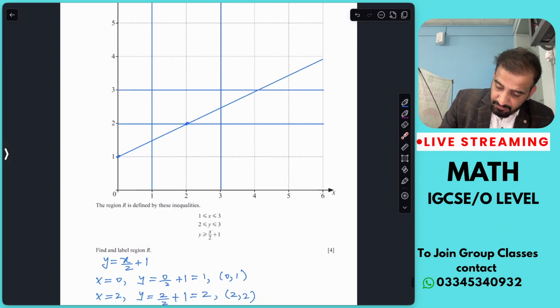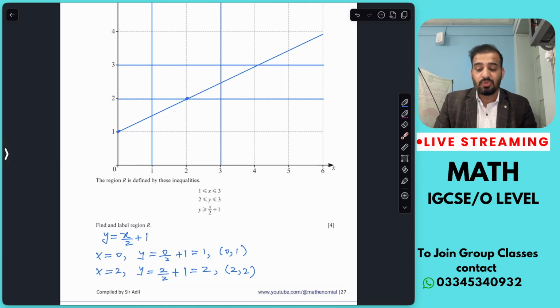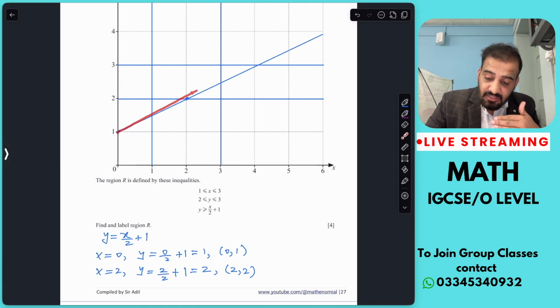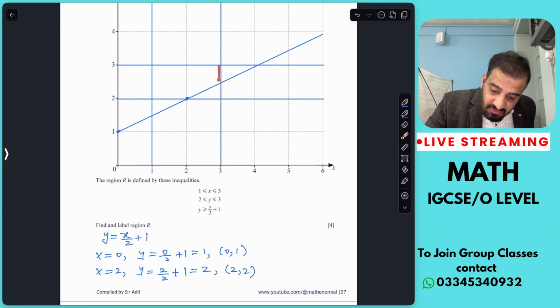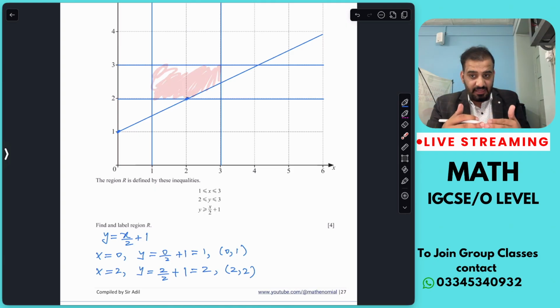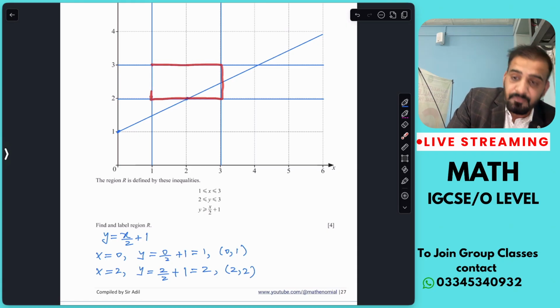Now we have y greater than or equal to x over 2 plus 1. So it means if this is the line, then above that line only this will be my shading. Combining all three inequalities, this was my shading of the first two inequalities.